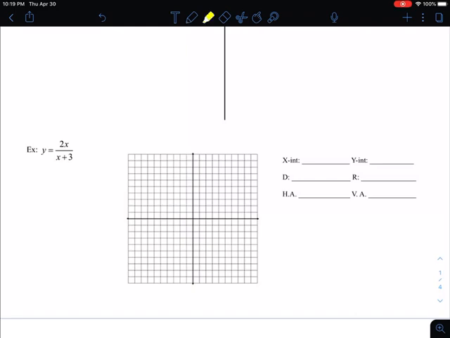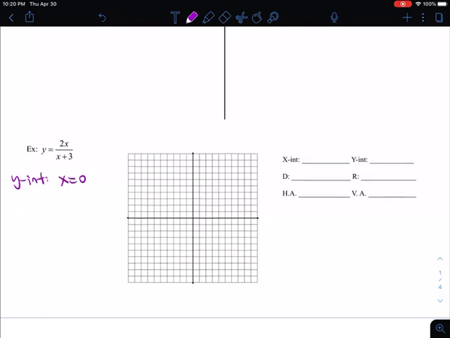Let's start with one that we all know, and that's the y-intercept. In general, how do we find the y-intercept for any function? Not just rational functions, but for any function. The answer is you set x equal to 0. That's always how we find the y-intercept. So let's do that first.